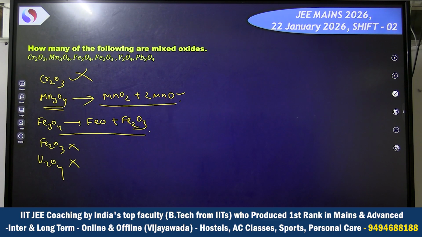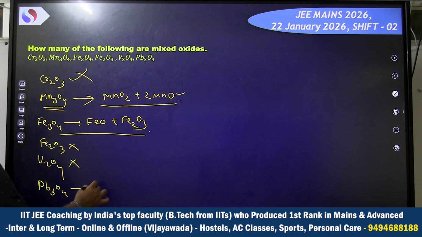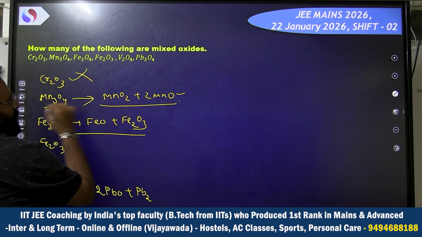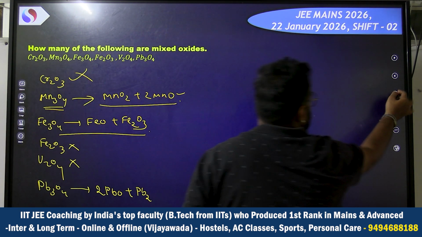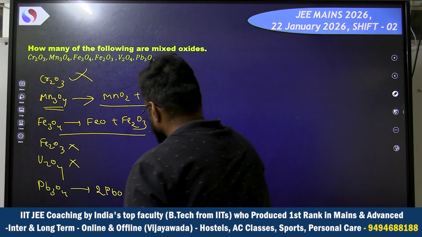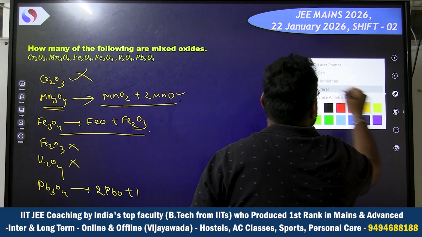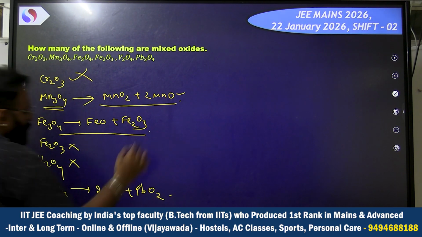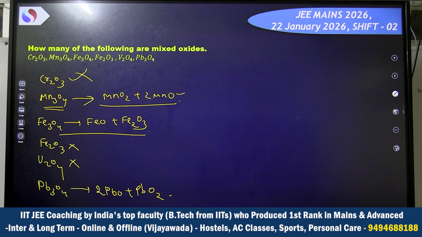But if we take Pb3O4, it will break into 2 PbO plus PbO2. So again, this is a mixed oxide.